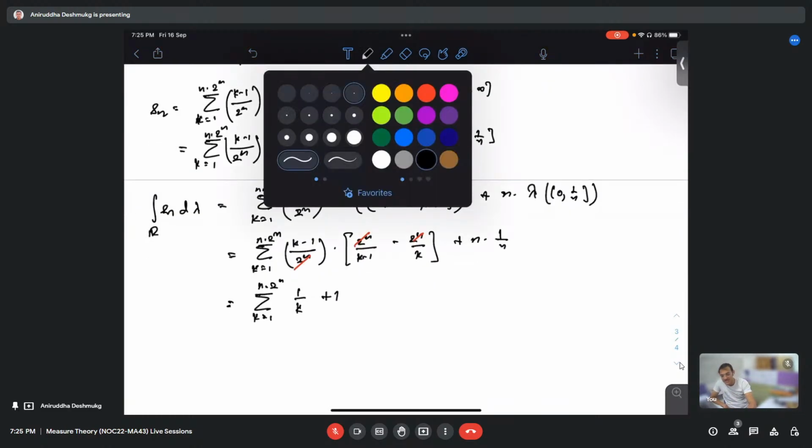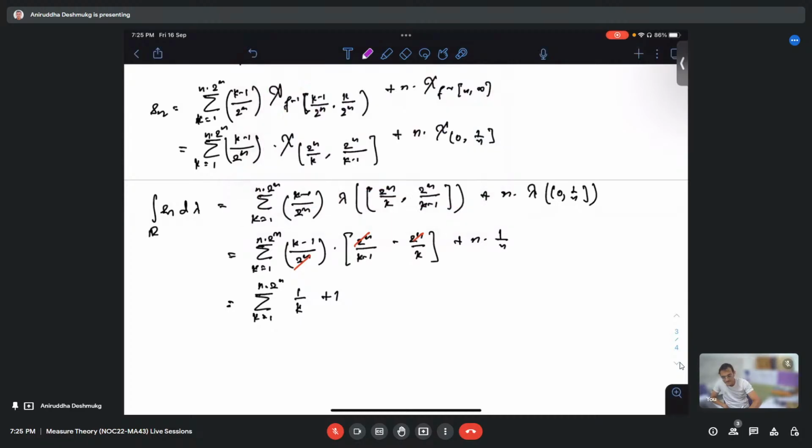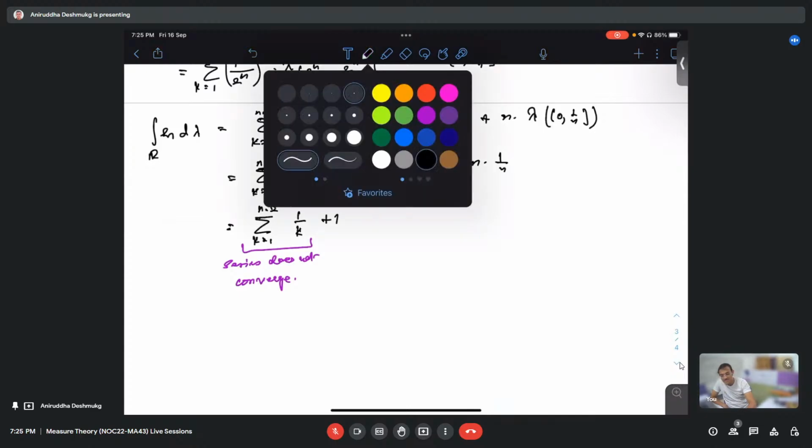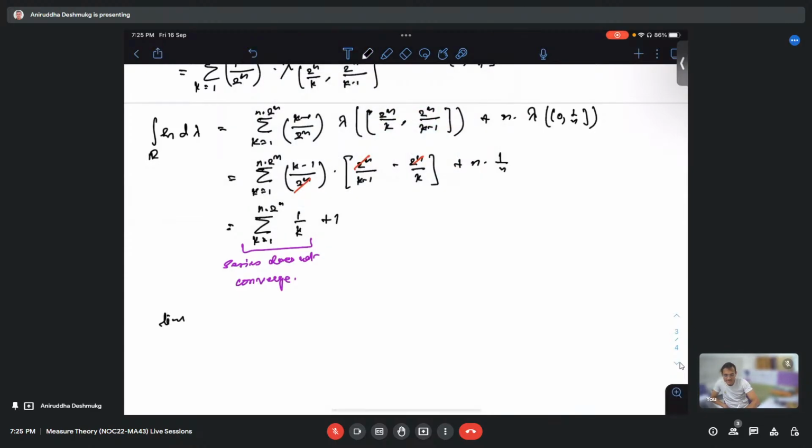But this series does not converge. As a consequence, the limits of the integrals of Sn do not converge. And since they are all non-negative, this is an increasing sequence.